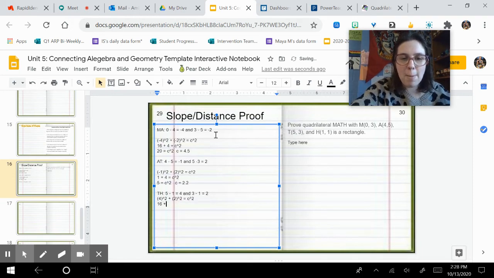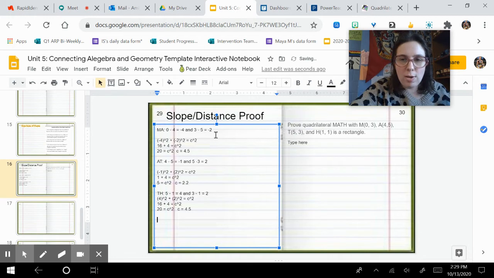That's 16 plus 4 equals 20 equals c squared, and that is the same. So we already know the square root of 20 is 4.5. Now we just need to make sure that HM is also the same as AT, and then we will know at least the opposite sides are equal.